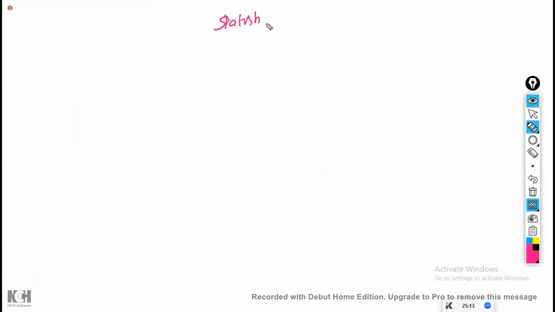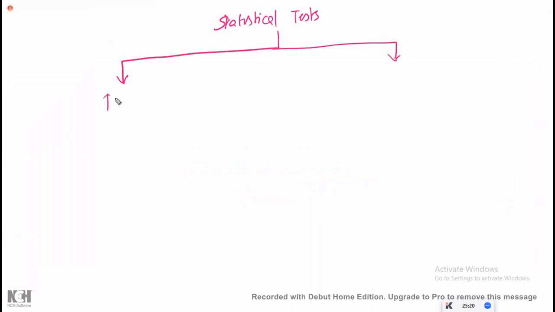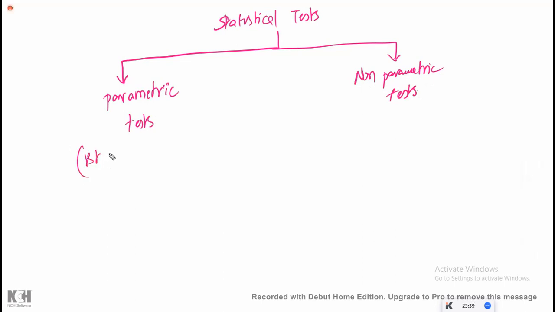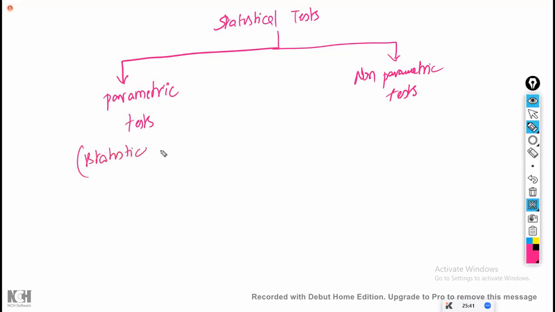Now, within the statistical tests, there are two types. One is called parametric tests, and the other is non-parametric tests. Parametric tests means statistical tests applied on normally distributed data.